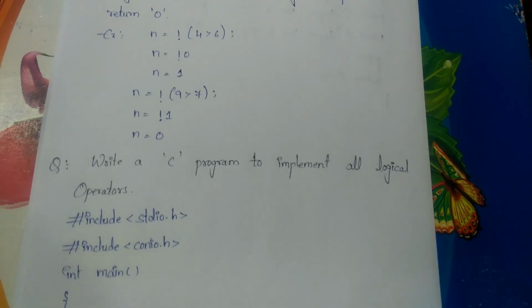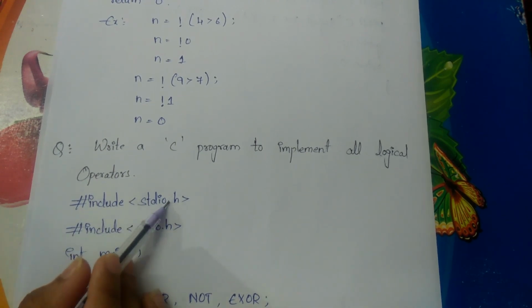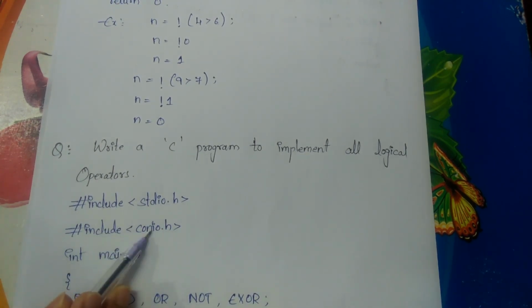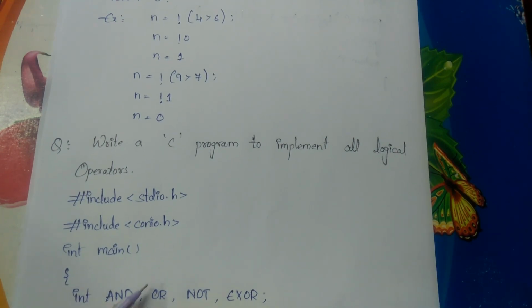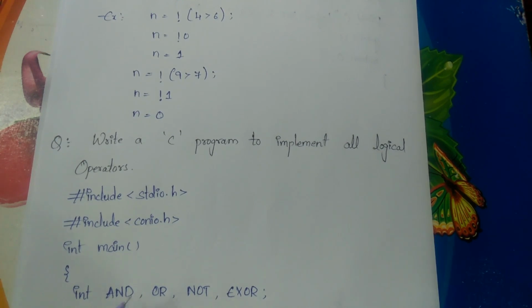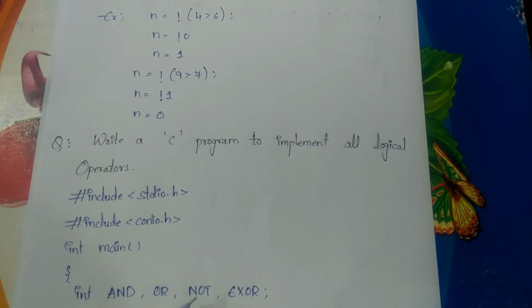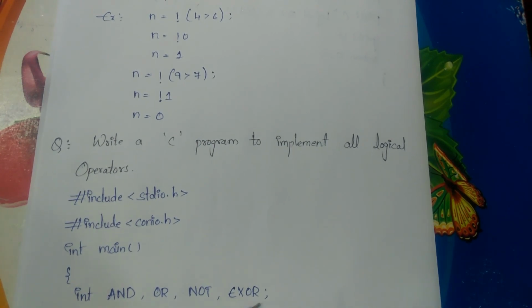First, we have to include the header files, #include stdio.h and #include conio.h, and it starts with the main function. Open the block, and we have to declare the 4 variables: int and, or, not, and xor. These are the 4 variables I am declaring to store the final value, ended with a semicolon.